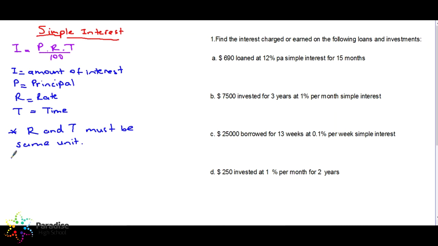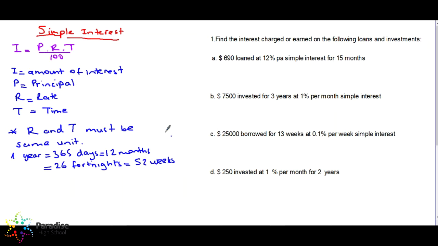And remember, in 1 year we have 365 days and 12 months, and we have 26 fortnights, and what else is left? 52 weeks.